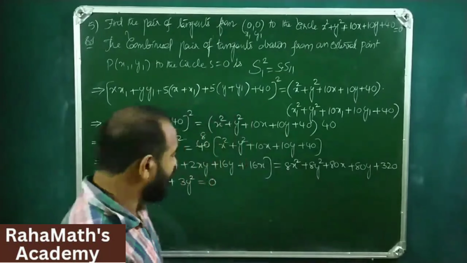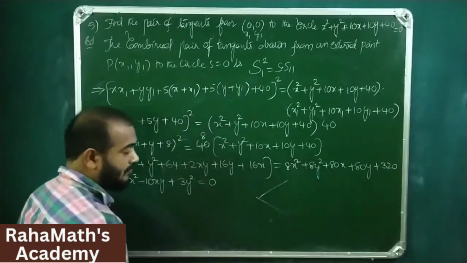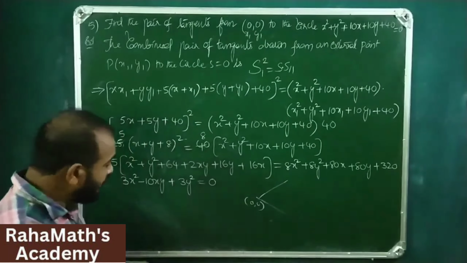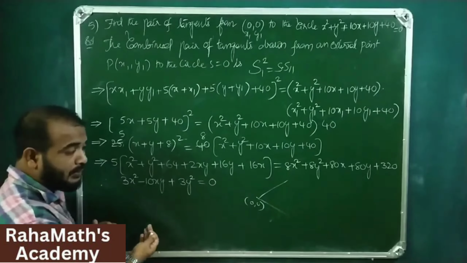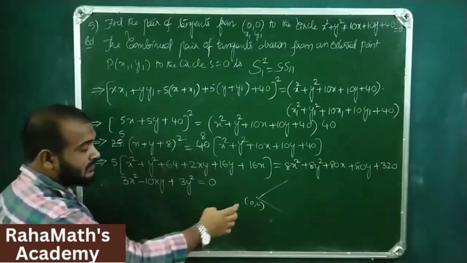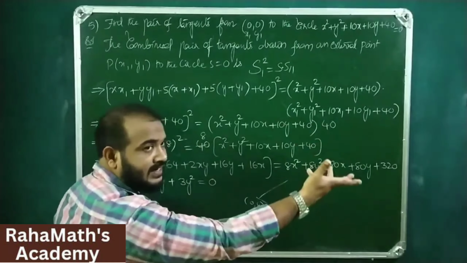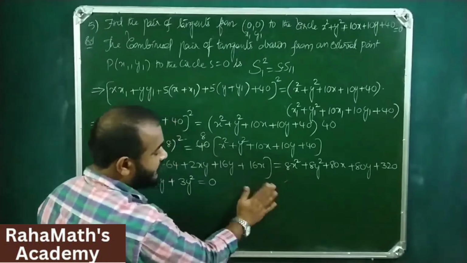So this is the combined pair of tangents passing through the origin. If we solve, you will get the two lines passing through the origin, L1x plus M1y plus constant N1 equals 0. The constant will be missing. So this is the final answer.